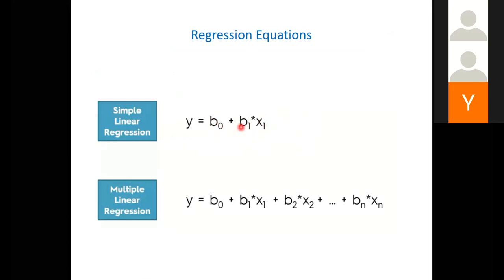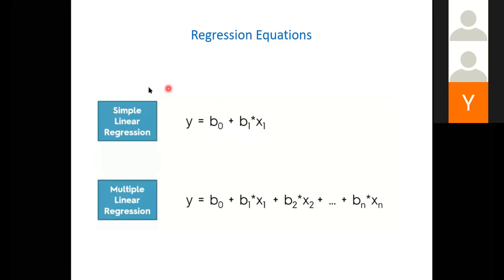So if somebody gives me, let's say, height. What is B1? B1 is the regression coefficient for the independent variable, like in this case, the height. We are looking at peak expiratory flow rate and height.